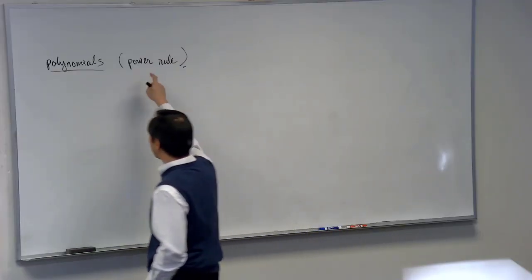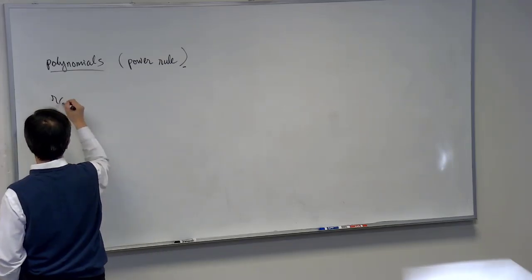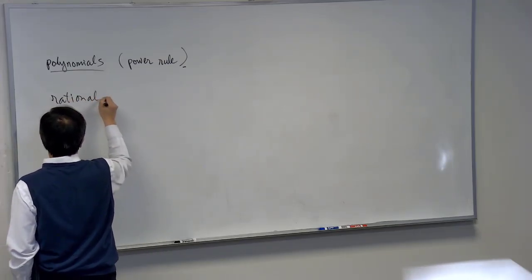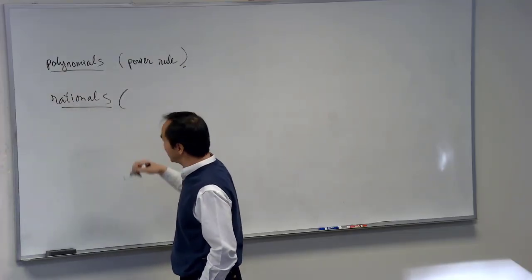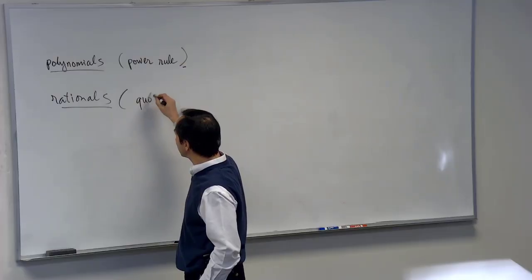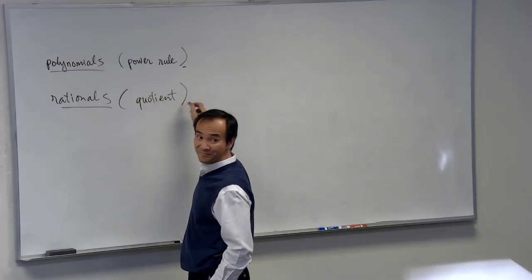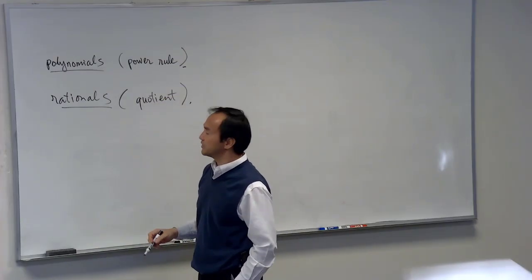And then the power rule can also be used for your rational functions. In the rational function, additionally, we have the quotient rule, which a lot of times we use for that.